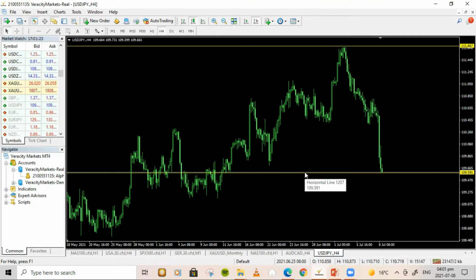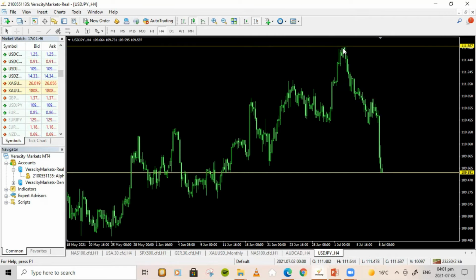So in simpler terms, once the market is above a support level, as is the case here, this support is still valid. But once it gets broken, where the market now crosses to the bottom side, it's no longer a what? It's no longer a support. It now becomes resistance. Same thing with the resistance line that we drew here.